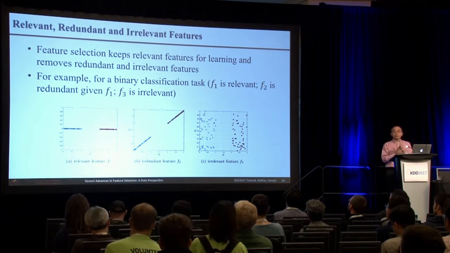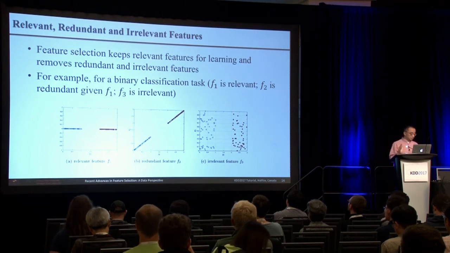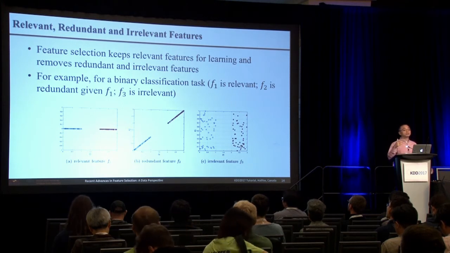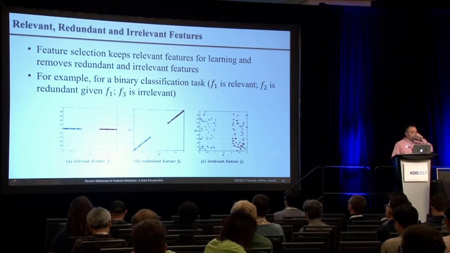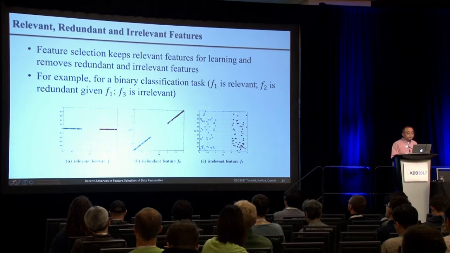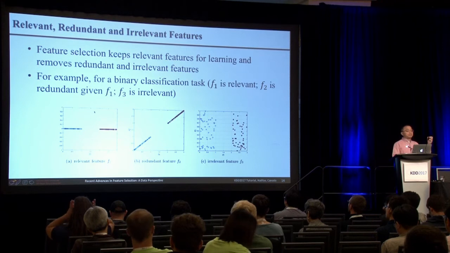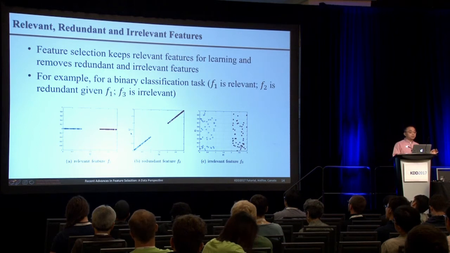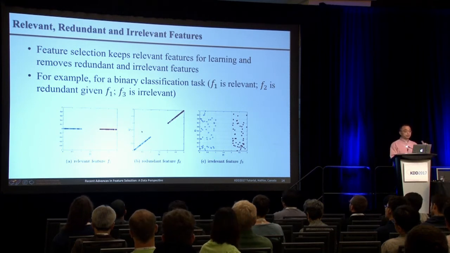Now we want to work on relevant, redundant, and irrelevant features. If there are no irrelevant or redundant features, then we don't need to do feature selection. Every feature is relevant. Here, F1 is relevant. Given F1, if we add another feature, feature 2, in this case we only need one feature, either F1 or F2.